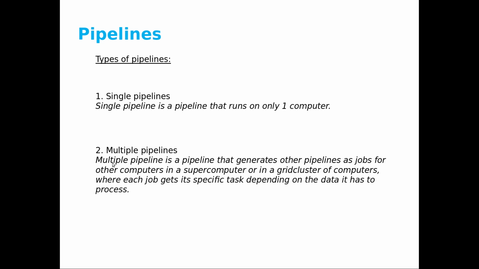So you can imagine you start a pipeline by start and then generating the pipeline. It investigates the data that is present, that has to be processed for the supercomputer or in a grid cluster of computers. And all the smaller pipelines that are made by the major pipeline will be submitted to the computers in a supercomputer or a grid cluster of computers.